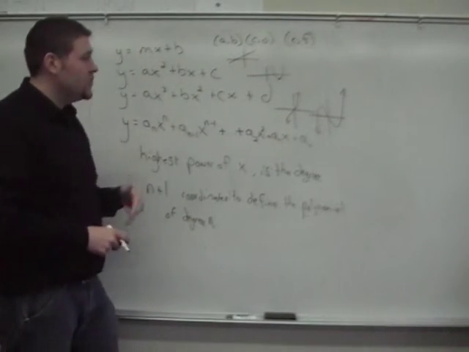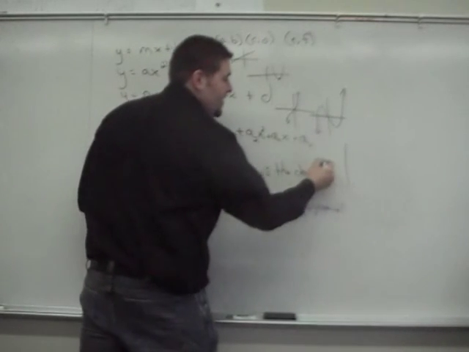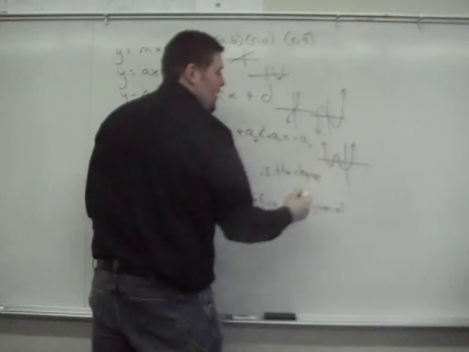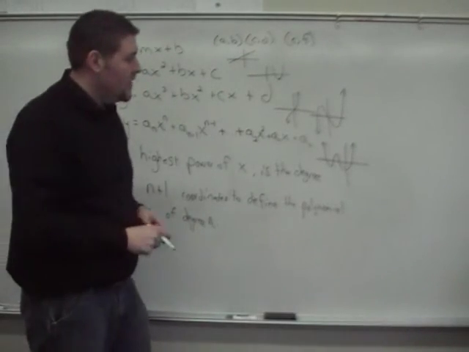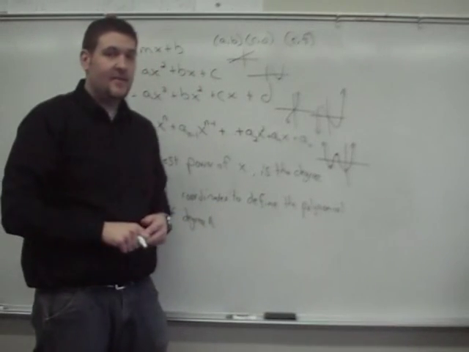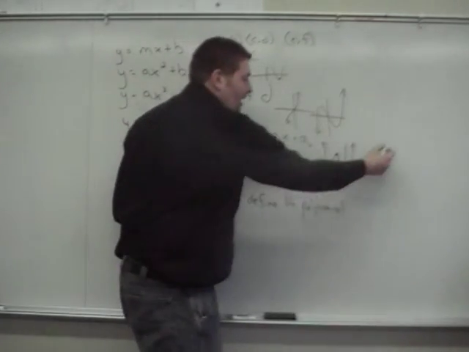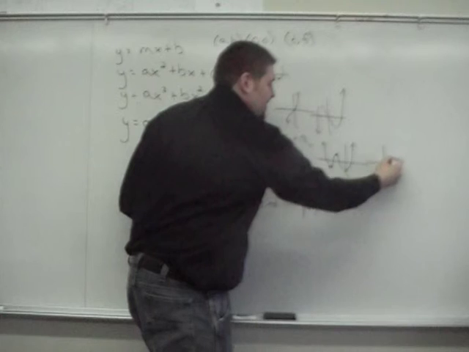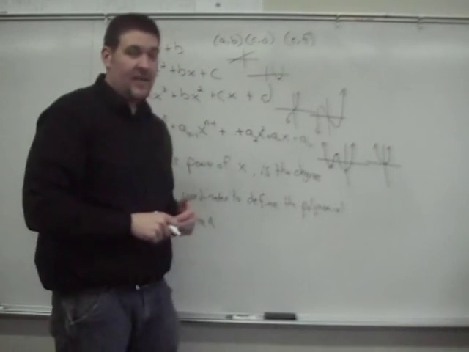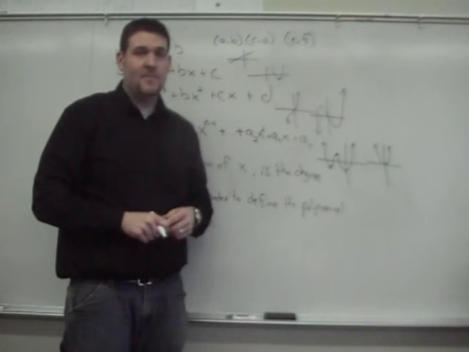If I went to the next degree, x to the 4th, for instance, can look like this cool little w, all right, and that could be an x to the 4th degree polynomial, and that would have 1, 2, 3 mins and maxes. Now, an x to the 4th function could also look like just a very basic looking parabola, a little squattier on the bottom, but it could look like that, and it always has 1 min or max point.